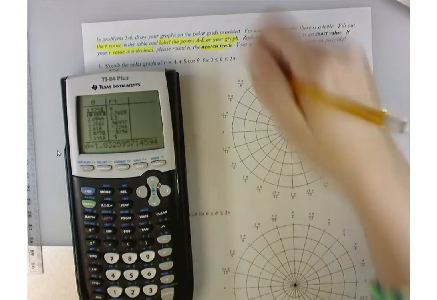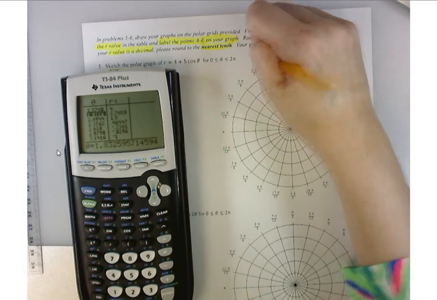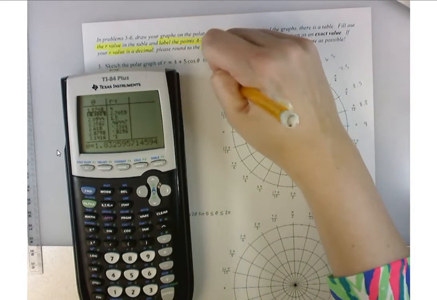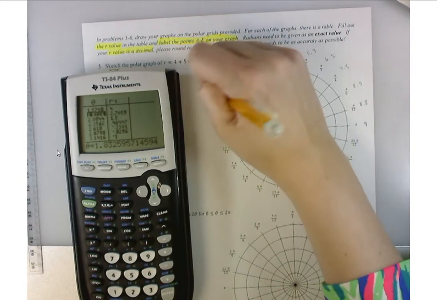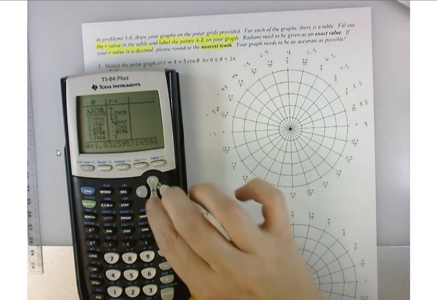So I know pi over 2 is 1.57. So 2.7, 1.5, 0.46, negative 0.33, negative 0.82, negative 1.